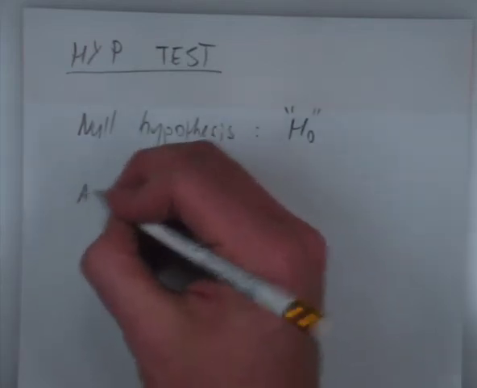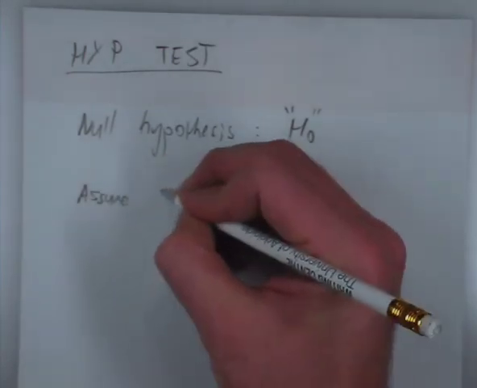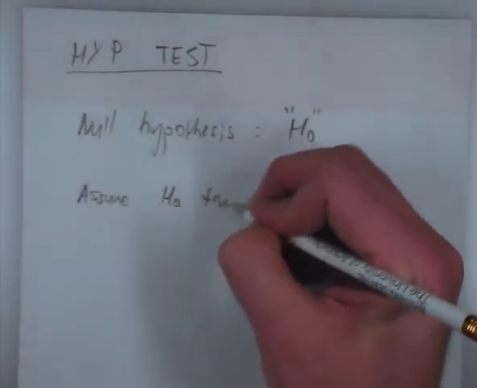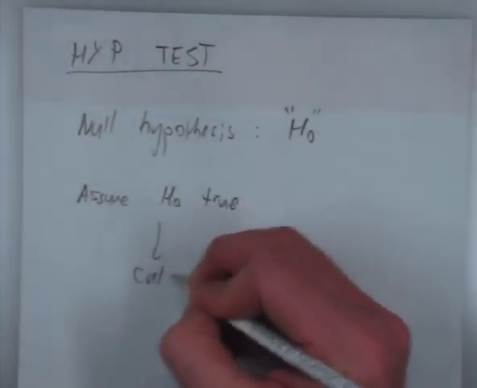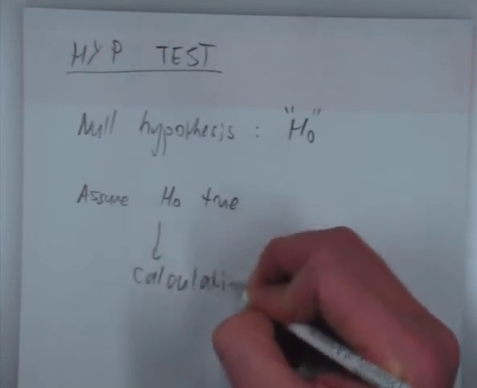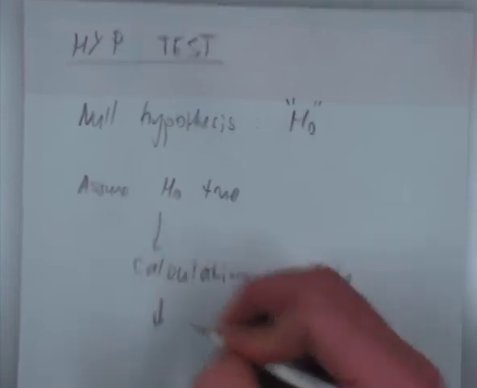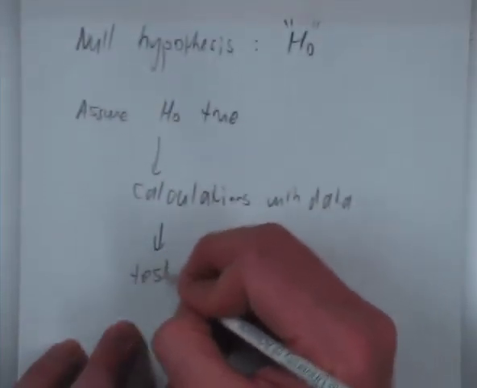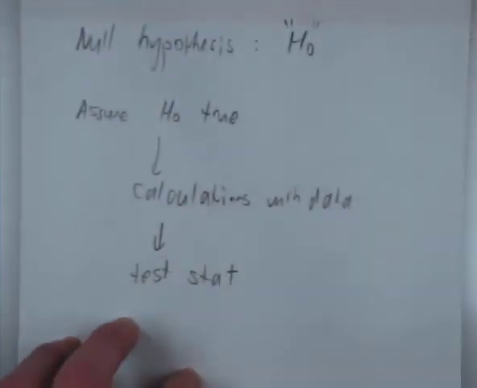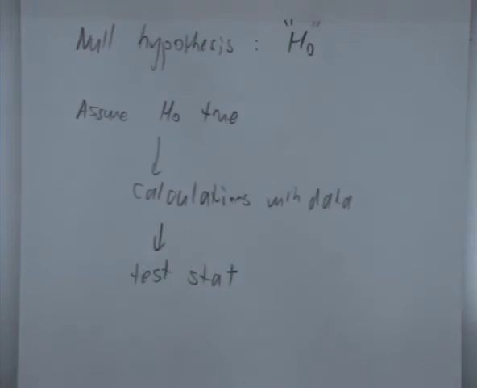So the idea is that you assume the null hypothesis is true, and then you do calculations with the data to produce a test statistic. And the reason you do that is that you actually want to know how surprised you should be to get the data you have if in fact the null hypothesis is true.